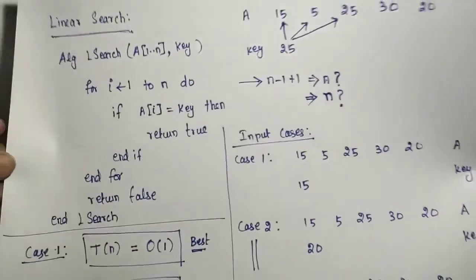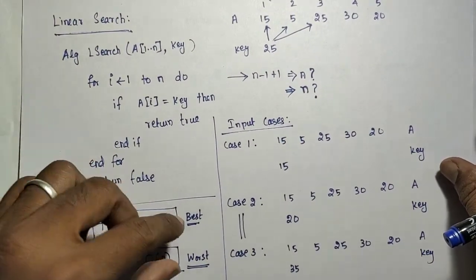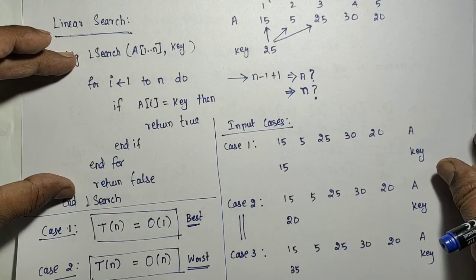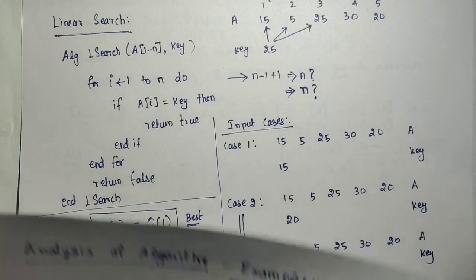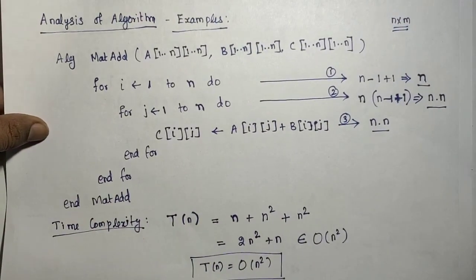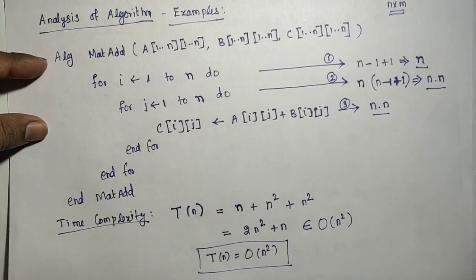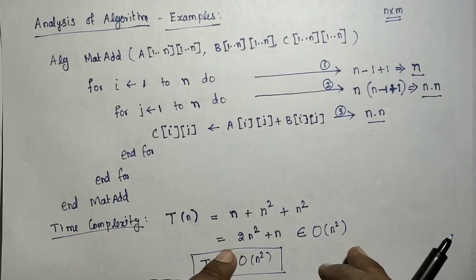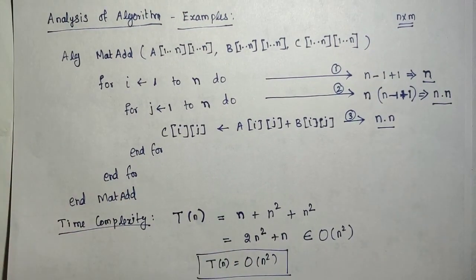For matrix addition, subtraction and multiplication, the best case, worst case and average case are all the same, O of n squared, because there are no different cases. Whatever the input, the complexity will be the same, O of n cube.